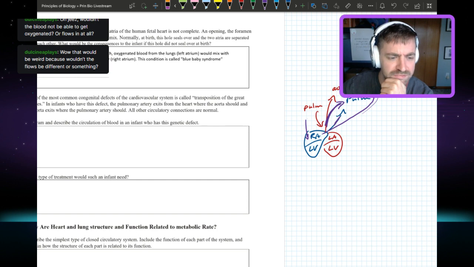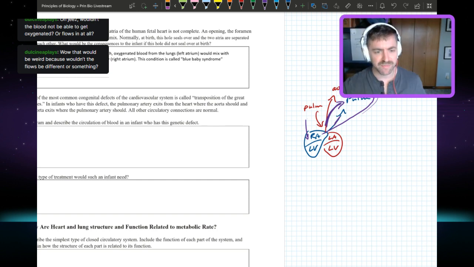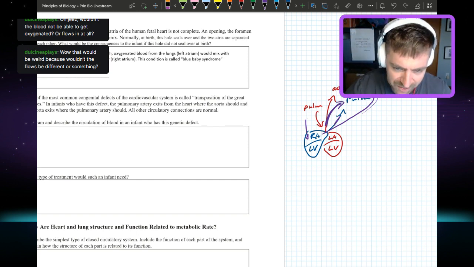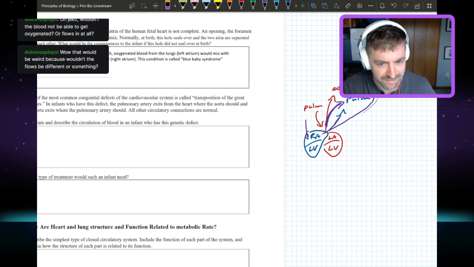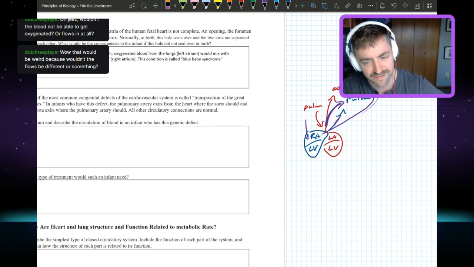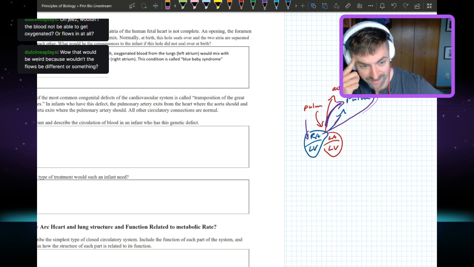One pumps the blood from the left side of the heart via the pulmonary artery to the lungs and back. Yeah, okay, that sounds normal. Via the pulmonary vein to the left side of the heart. The other pumps the blood from the right side of the heart via the aorta to the body and back. From the right side of the heart.